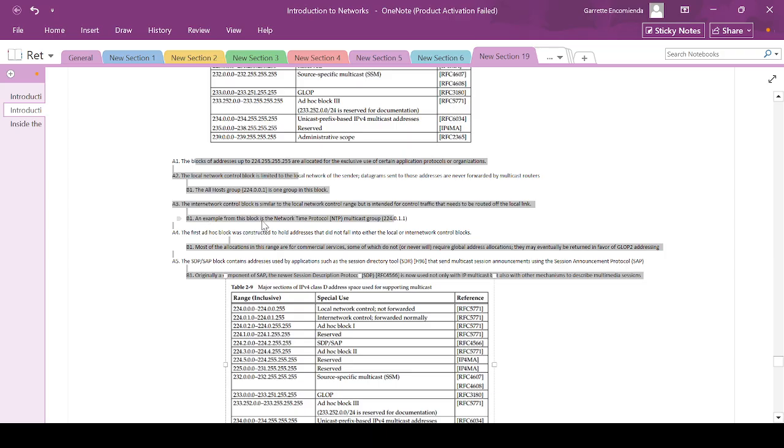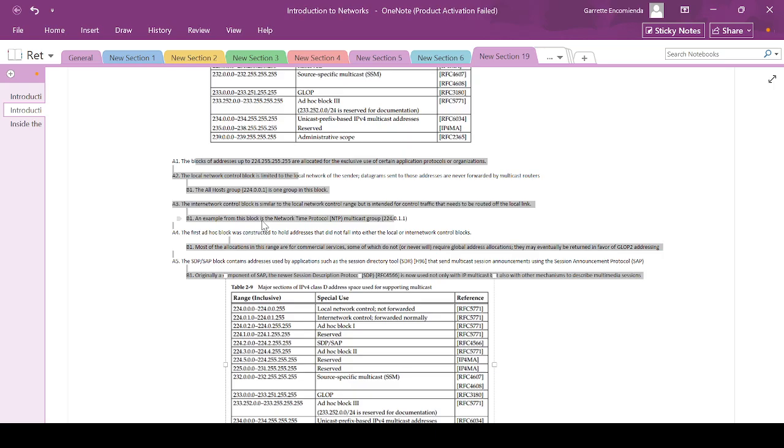So the internetwork control block is similar to the network control range, but is intended for controlled traffic that needs to be routed off the local link. So it is the same.